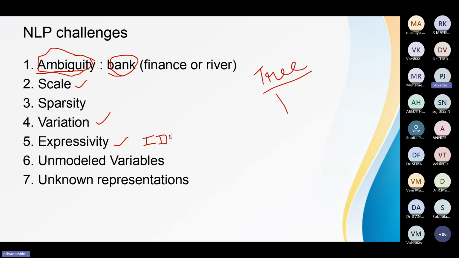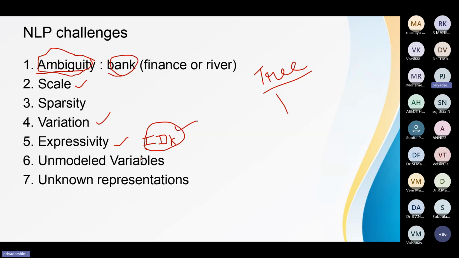What is IDK? I do not know. They will not even say I don't know; that is an even shorter form. Research is going on for these short forms also in natural language processing, and LLM models are even putting these into the dictionaries.